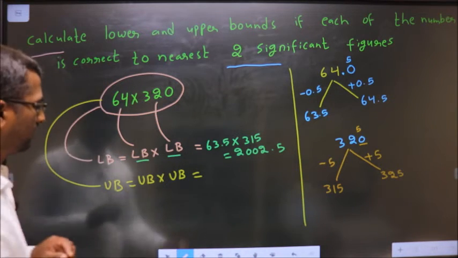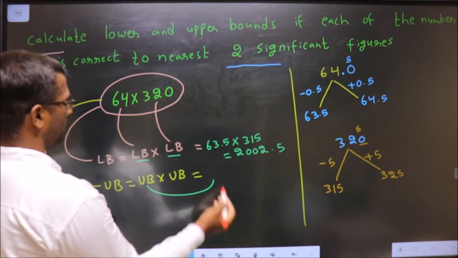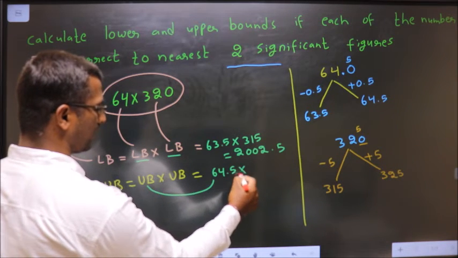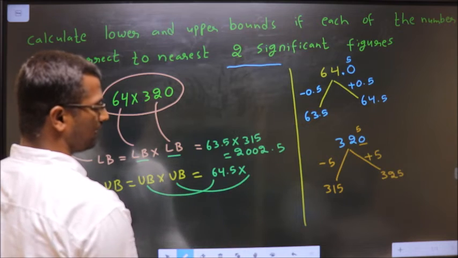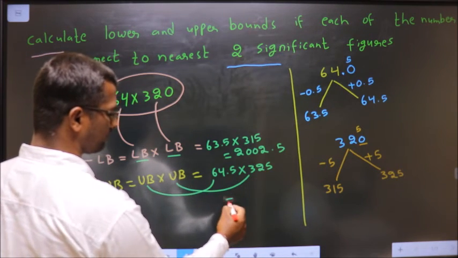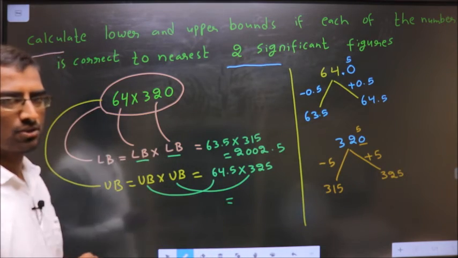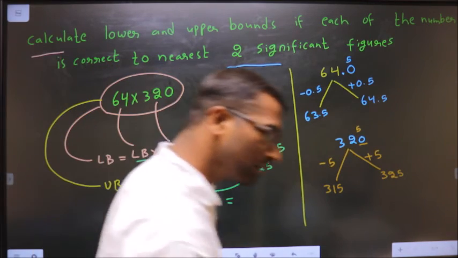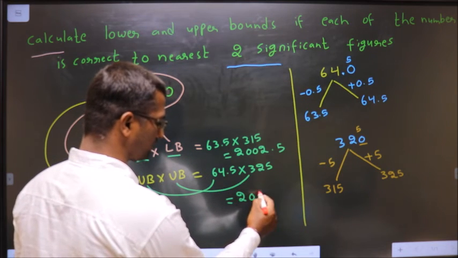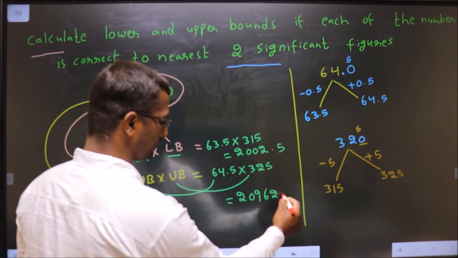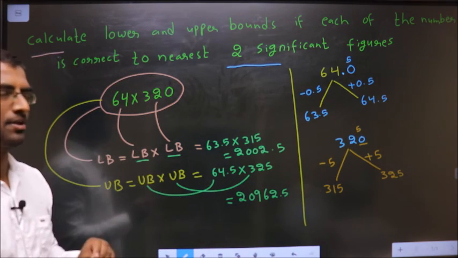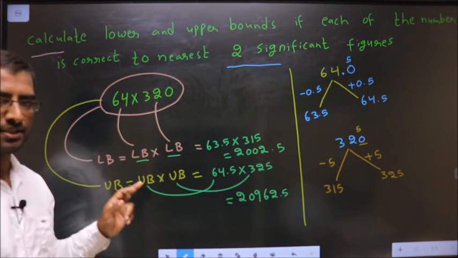Now the upper bound of 64 is 64.5 into the upper bound of 320, which is 325. Multiply these two, you get 20962.5. So this is the upper bound and this is the lower bound. Is the sum clear?